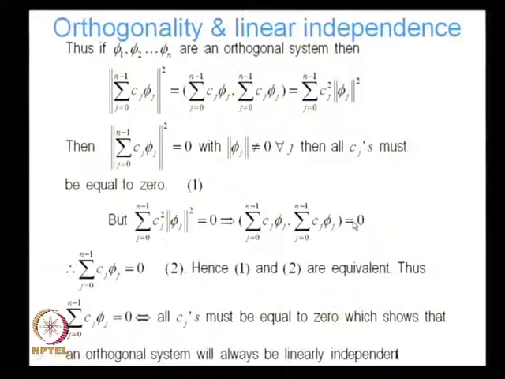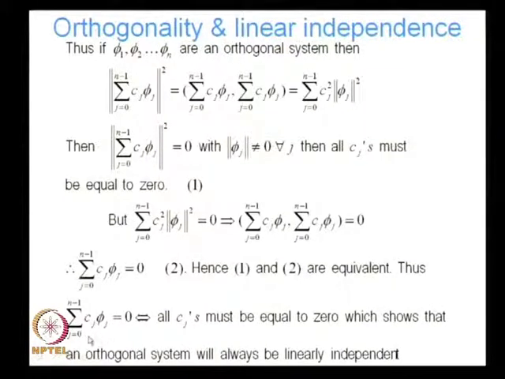So inner product equal to 0 means that this must be equal to 0. That means the sum over j equal to 0 to n minus 1 of cj phi j is equal to 0. Hence, what does it mean? This is equivalent to this, because this condition I got from this assumption, and this condition I also got from this assumption. So hence 1 and 2 are equivalent.